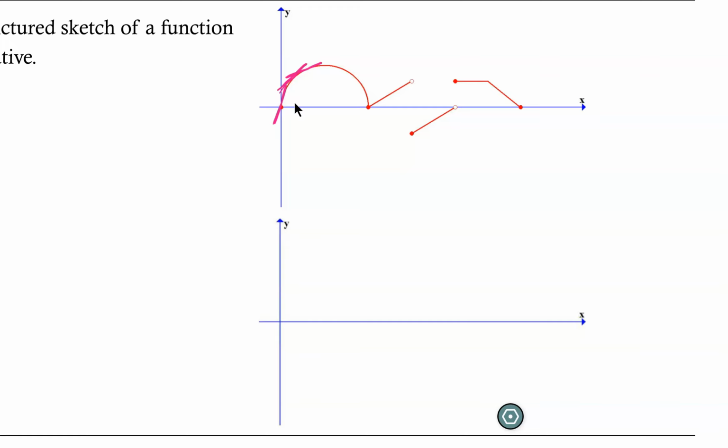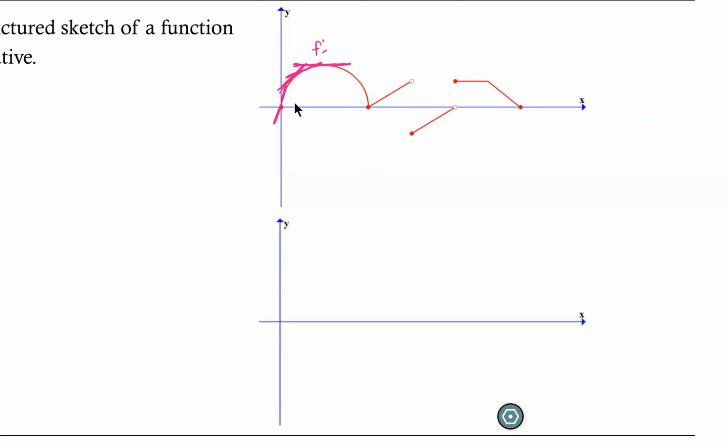Until we reach the point here at the top of what appears to be maybe a semicircle or something similar, where my slope is actually 0. So at that point, I know that the derivative is equal to 0.